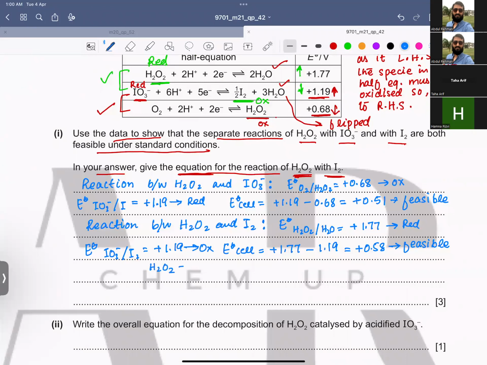H2O2 plus 2 hydrogen ions and 2 electrons forming 2 moles of water, and then half mole of iodine plus 3 H2O forming IO3 negative plus 6 H positive plus 5 electrons.